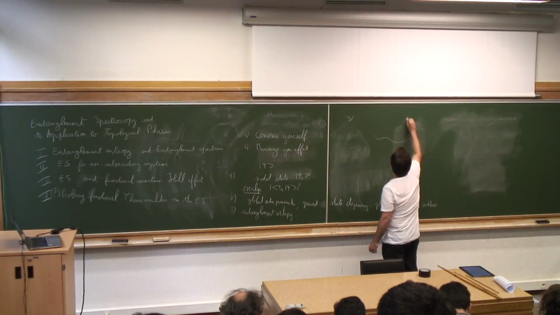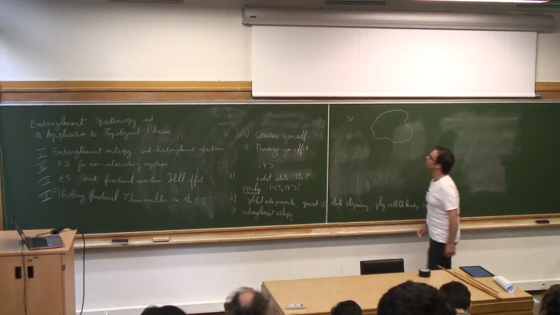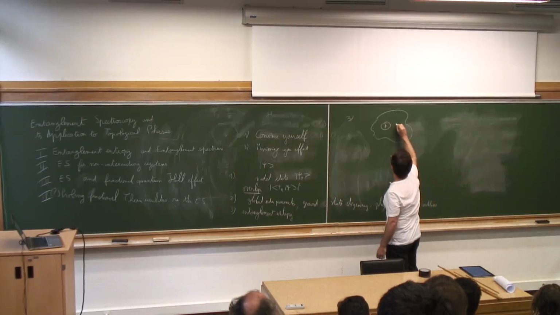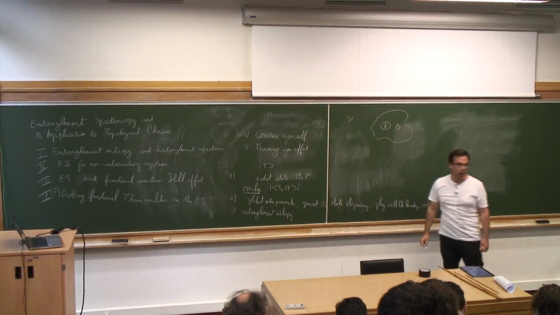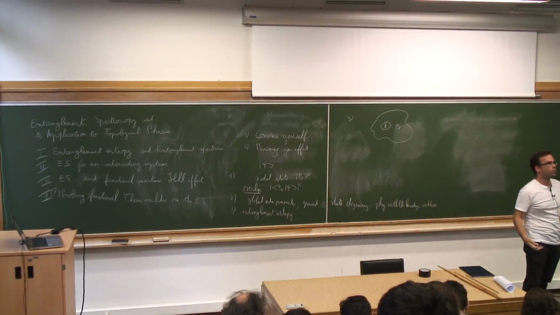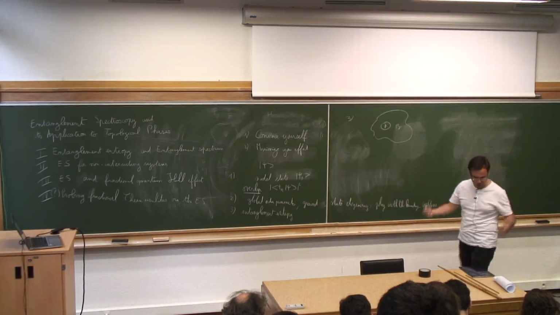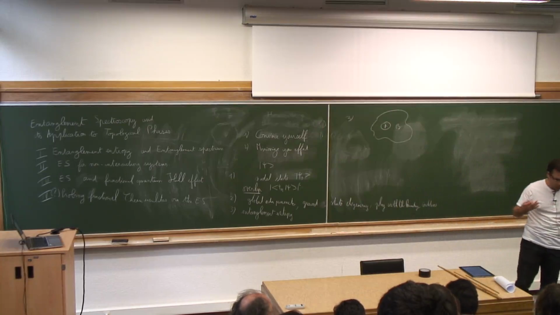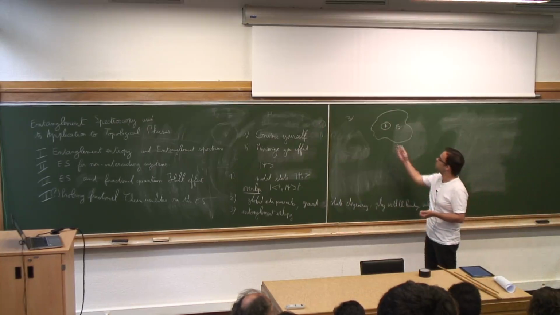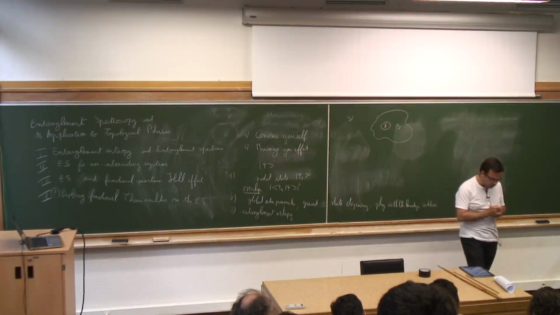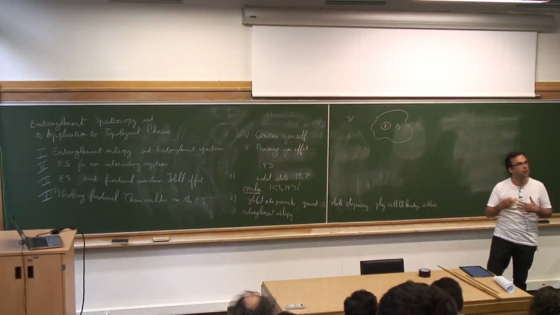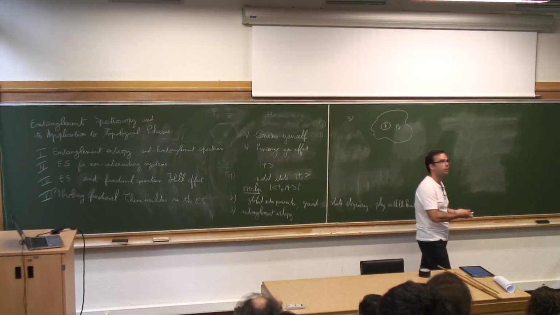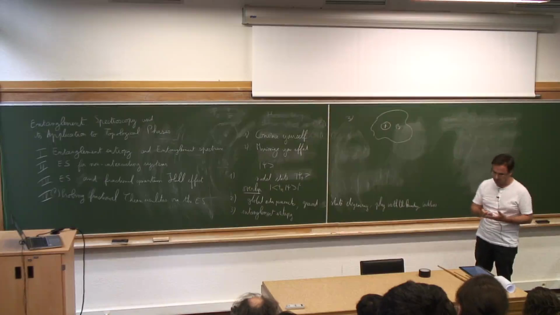You can imagine that the system is within the plane, and you cut your system into two regions, A and B, and you try to quantify the entanglement within the ground state between part A and part B. And as you may already know, by computing the entanglement entropy for the subsystem A, you can get a characterization of the topological phase you're looking at. We will discuss this point today in more detail.